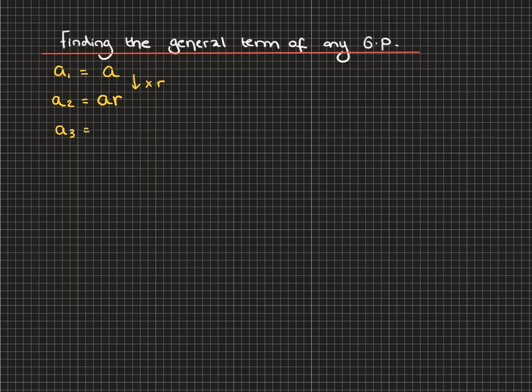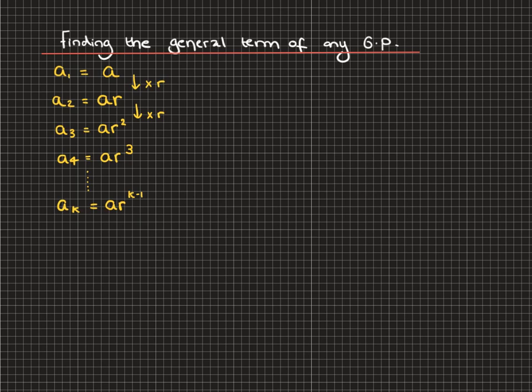The third term, A3, is again generated by multiplying the previous term by R. If you take AR and multiply it by R, we get AR squared. Similarly, A4 will be AR cubed, and so on. And from here, you should be able to see very clearly the pattern is such that AK, a general term, is AR to the power of K minus 1.